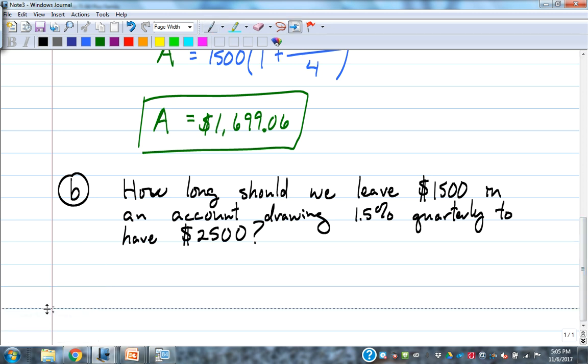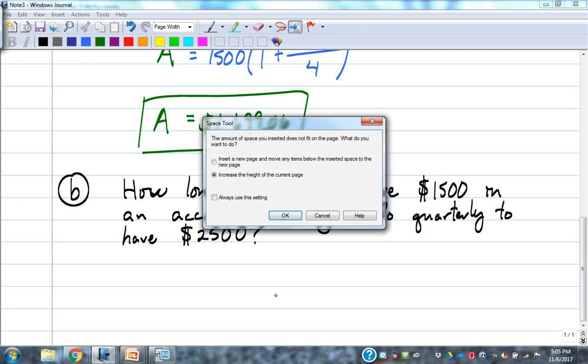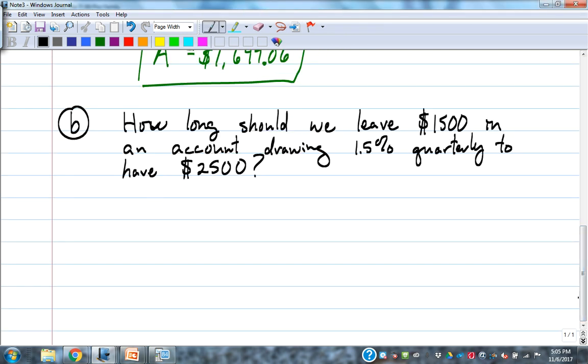So we're trying to solve this for what? T, the time. We've got A equals P times 1 plus R over N to the NT. We're trying to solve this equation for time, so the variable is in the exponent. This fits into the section we're talking about here. So we're going to plug in the things we know.